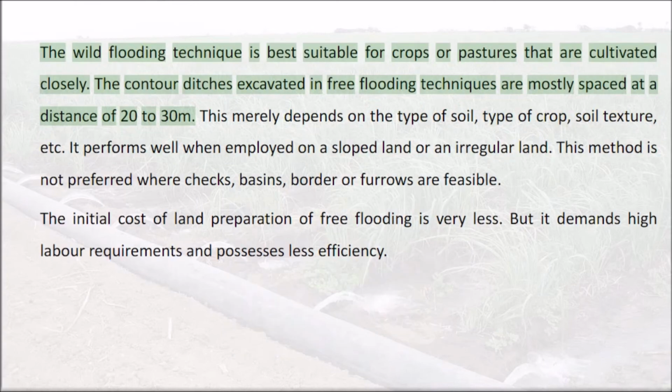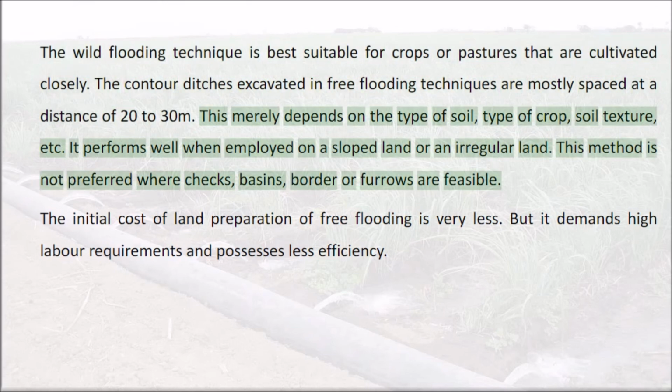The wild flooding technique is best suitable for crops or pastures that are cultivated closely. The contour ditches excavated in free flooding techniques are mostly spaced at a distance of 20 to 30 m. This merely depends on the type of soil, type of crop, soil texture, etc. It performs well when employed on a sloped land or an irregular land.